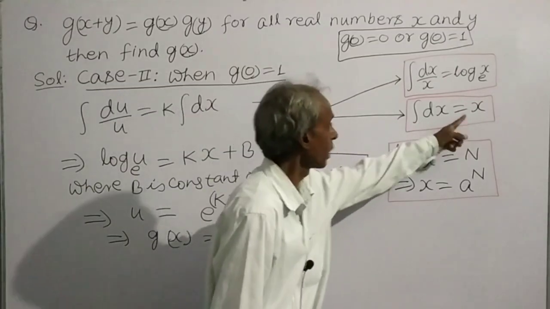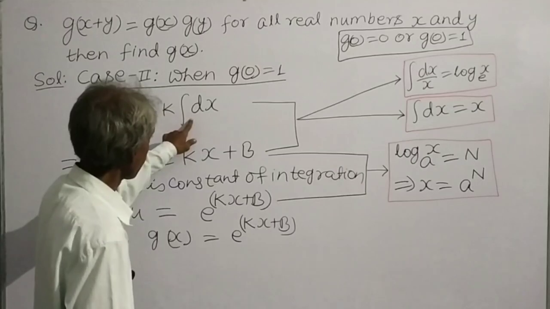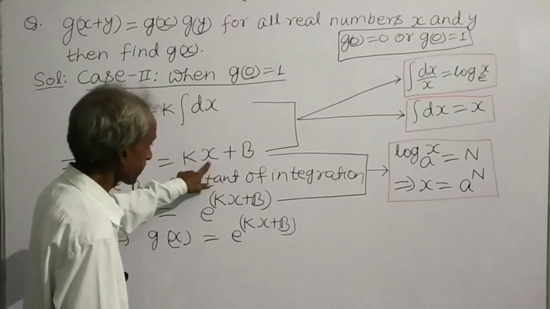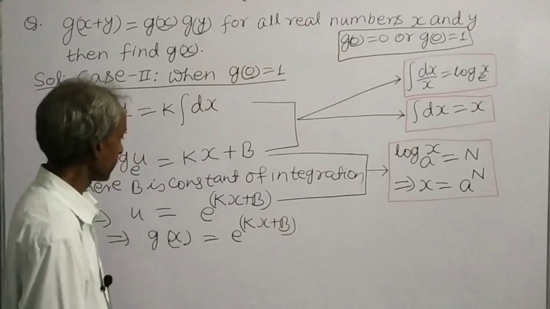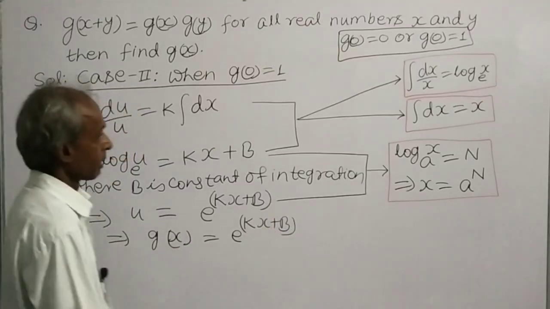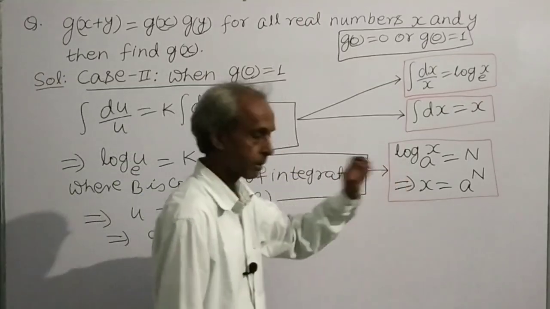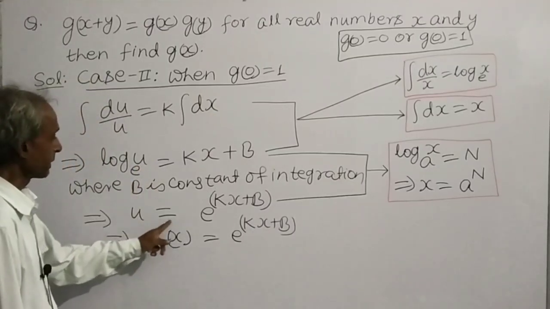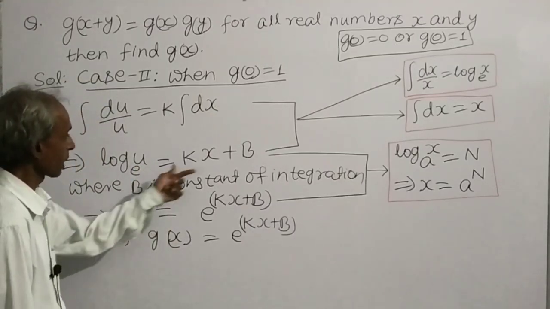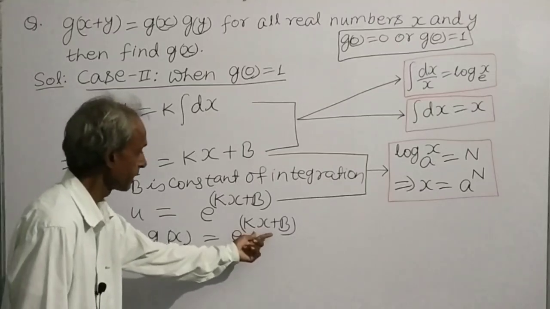Using this formula, we integrate this and write x, and this b is constant of integration. Now by using this formula of logarithm, u will be equal to e to the power kx plus b.